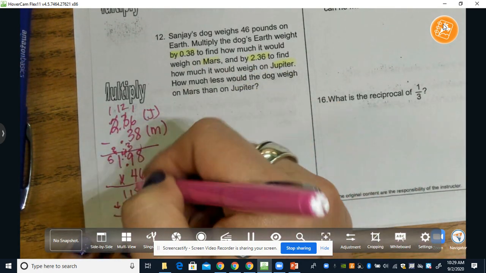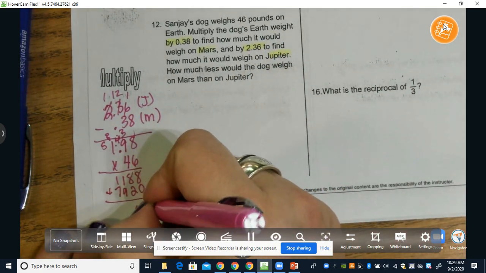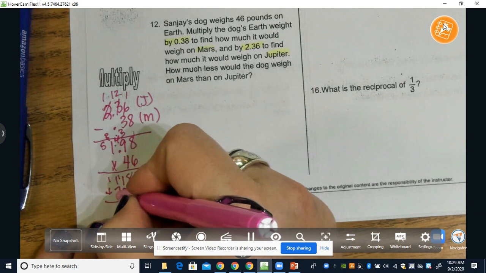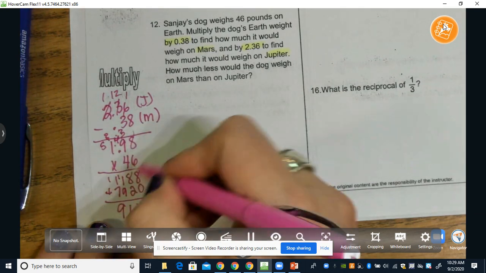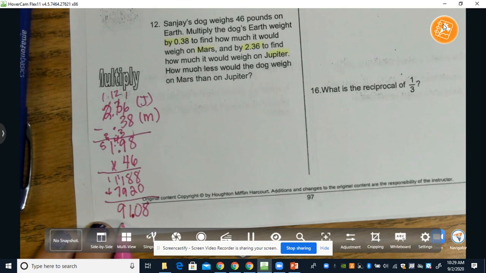And do you see how I haven't done anything with decimals until the very end? So 8, 0, 9, 10, 11, carry my 1, 7, 8, 9. And I need 2 numbers after my decimal. So there is a 90 pound. How much less would it weigh? 91 and 8/10 of a pound.